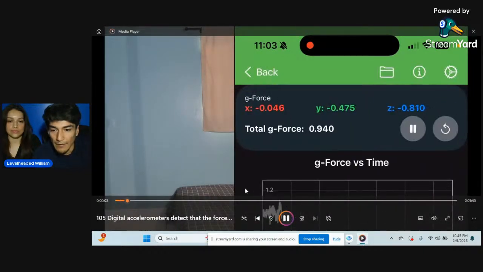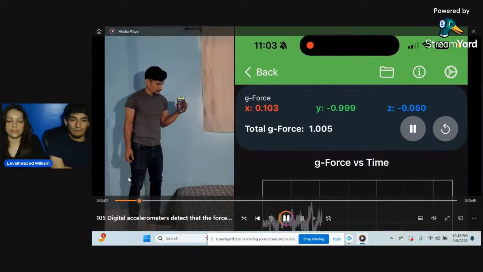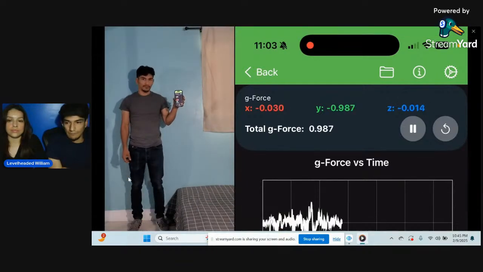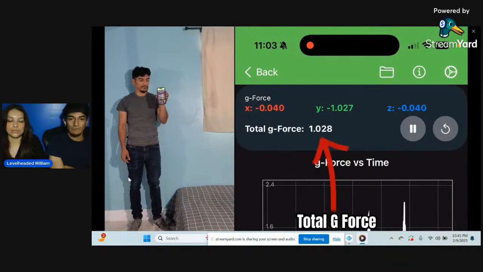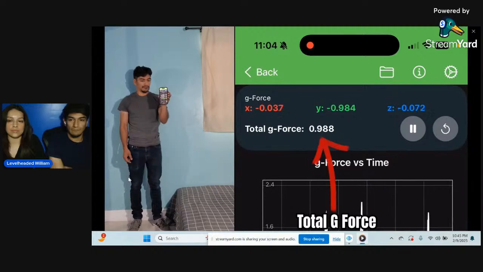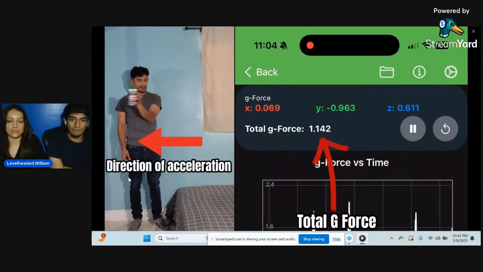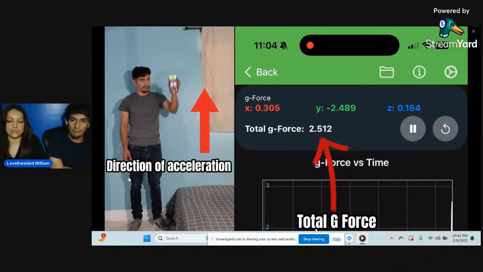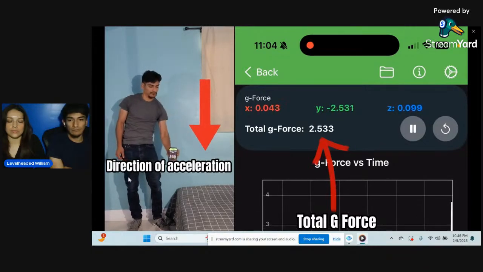A digital accelerometer is a device that detects the presence of a force or acceleration. For example, when at rest and connected to the Earth, it detects 1 g-force. As soon as I accelerate it from being at rest, the accelerometer detects that acceleration by increasing the g-force. Whether I accelerate it to the right, to the left, up, or down, the accelerometer will always detect the acceleration 100% of the time.